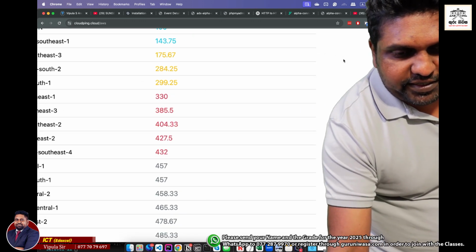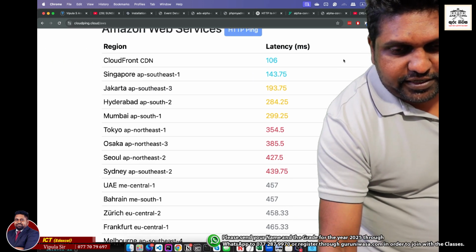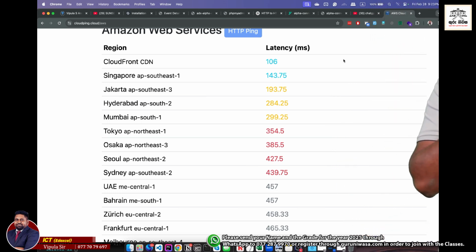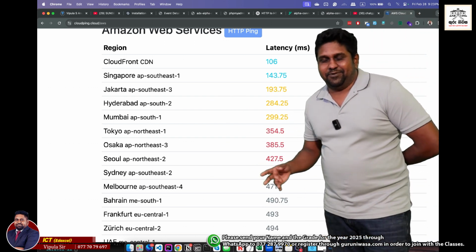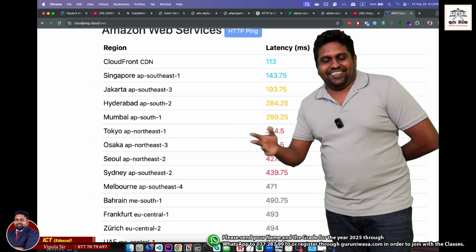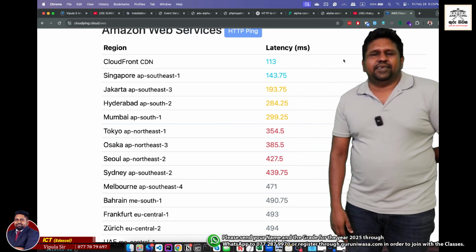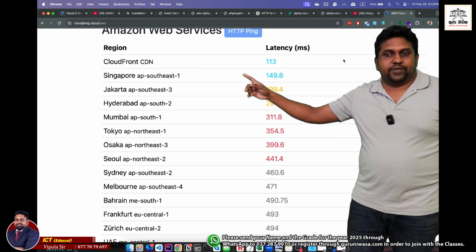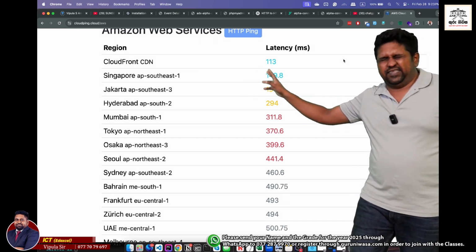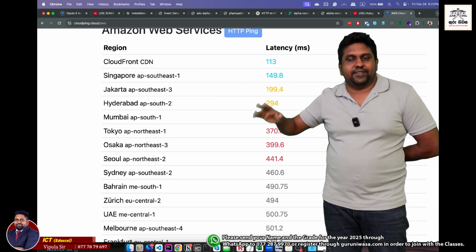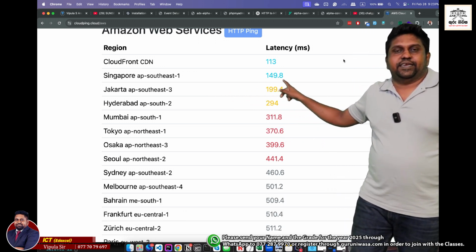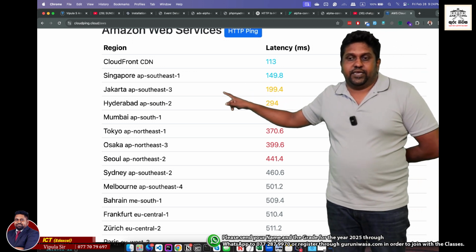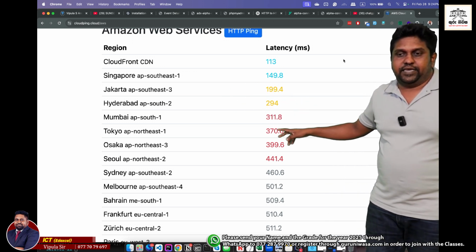When I zoom in, the lowest latency I have is 143 milliseconds, which is the closest location, in Singapore. CloudFront is something else, a different concept, and I'm not going to go into that depth. Singapore has the lowest latency for us, and after that we have Jakarta, Hyderabad, and Mumbai.